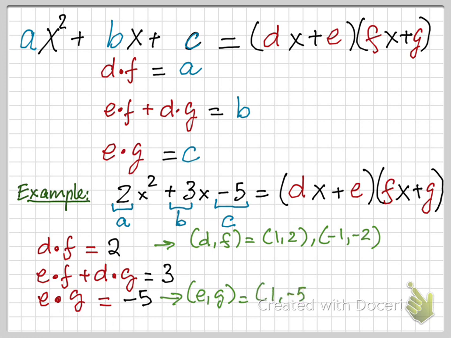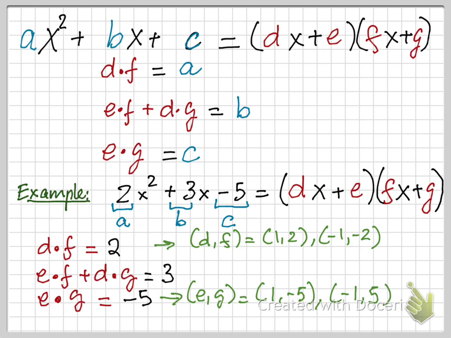The possible pairs are 1 and negative 5, and negative 1 and 5. Now the second condition is a little harder to check because you have to use the possible values of df and eg in order to make up this equation.